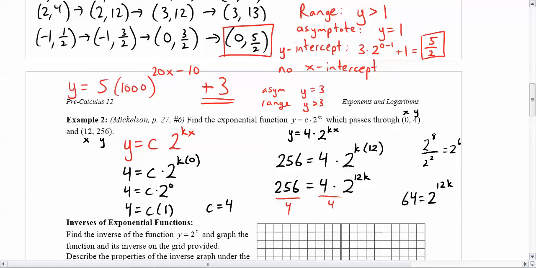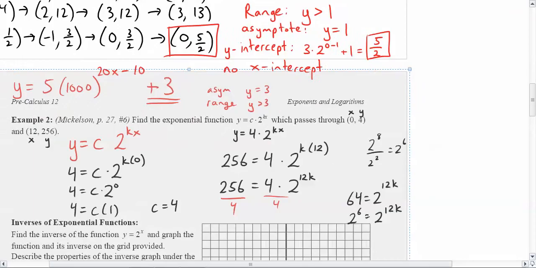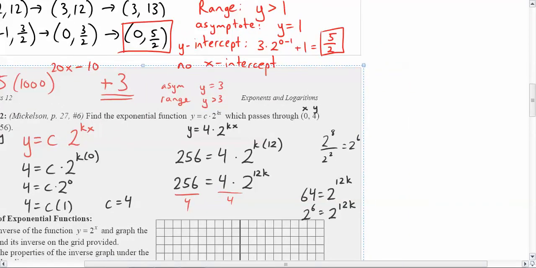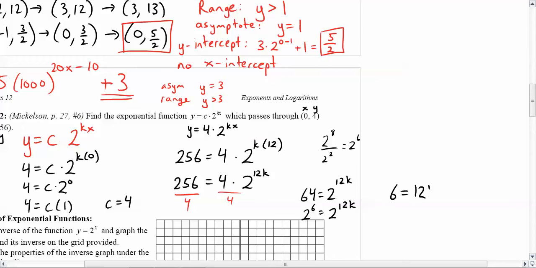Now if I write 64 using the power of 2, then I can easily find out what the exponent is. 64, like I calculated up here, is 2 to the power of 6. I shouldn't have changed it. So if 2 to the power of 6 equals 2 to the power of 12k, that means the exponents also have to be the same. So 6 must equal 12k. And divide both sides by 12.